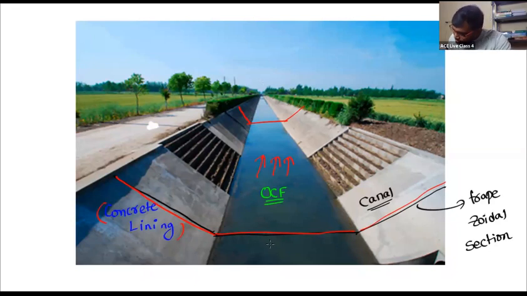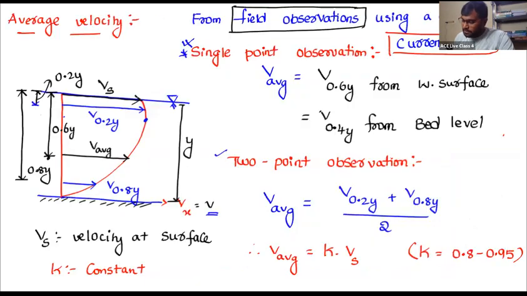And you can observe the base width of the trapezoidal section here and here, both are same, right? Yes or no? So whenever the shape and sizes, and it must be having some bed slope, if all those remain constant, then we are going to call it a prismatic channel. So in simple words, what is meant by prismatic channel?